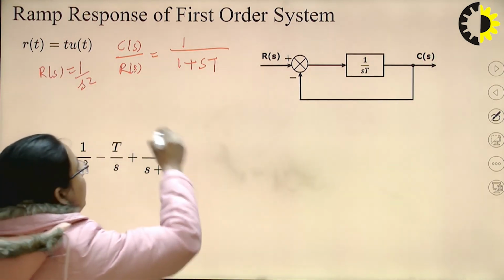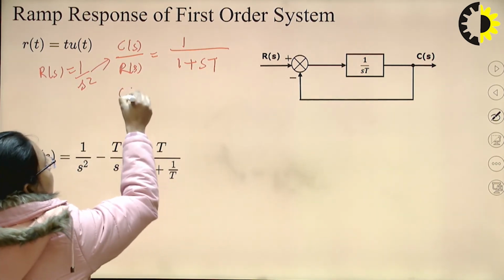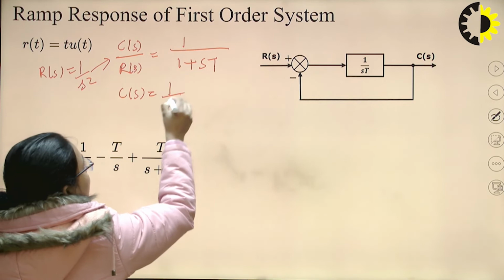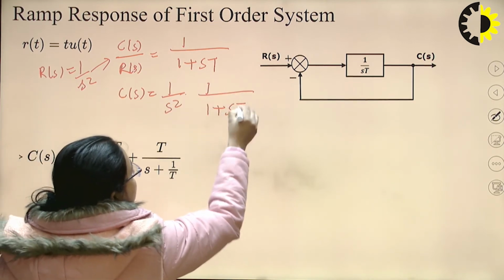Now we can put this value in this equation so that we get C(s) is equal to 1 upon s square into 1 upon 1 plus sT.